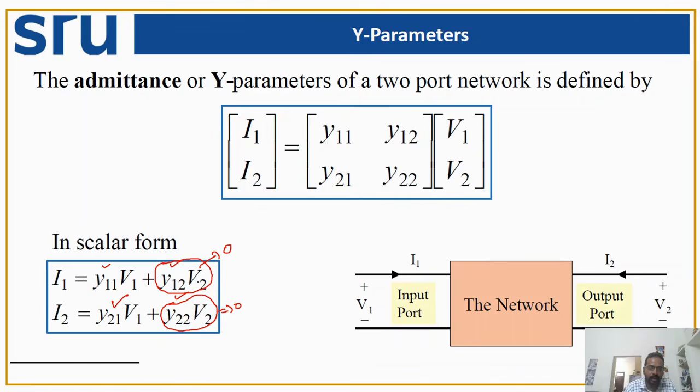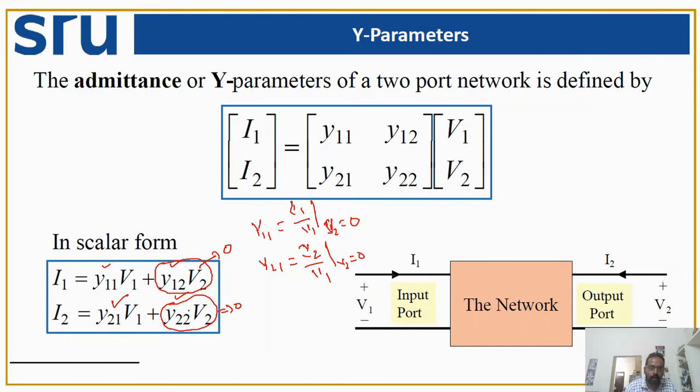Once we have eliminated those terms, we can compute Y11 and Y21. So Y11 becomes I1 by V1 and Y21 becomes I2 by V1, when V2 is equal to 0, that is, when we short circuit the output port.